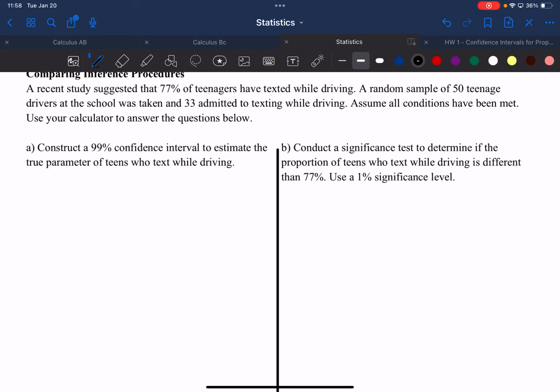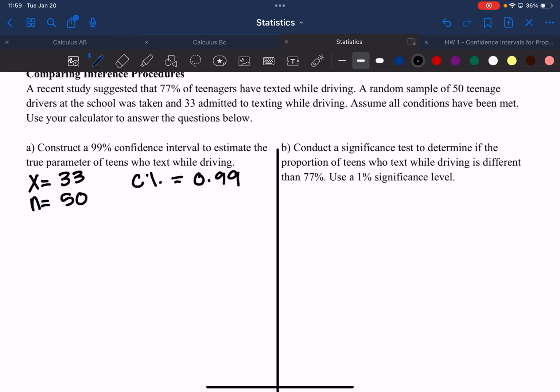First we identify our successes and our sample size. What is our number of successes? 33. What's our sample size? 50. Next I write my confidence level, which is 99% or 0.99.